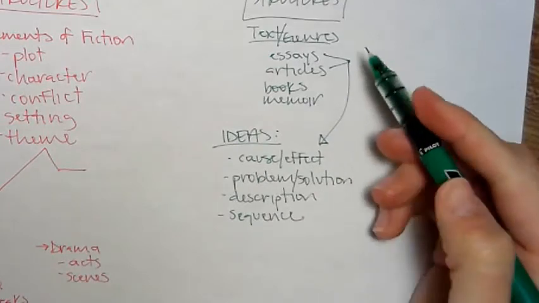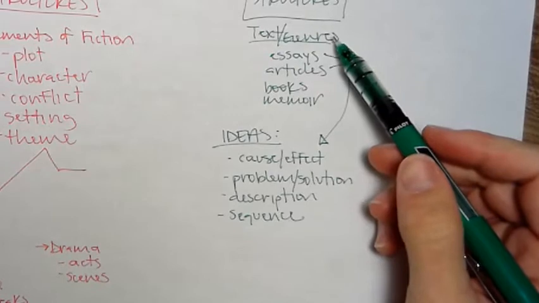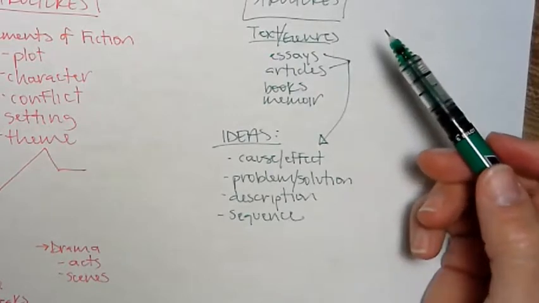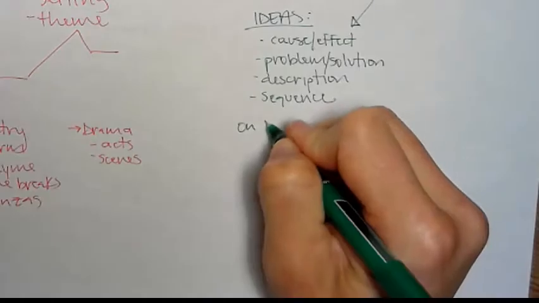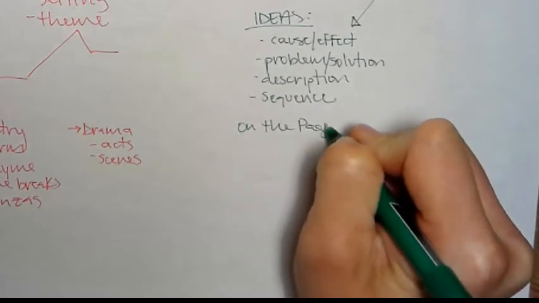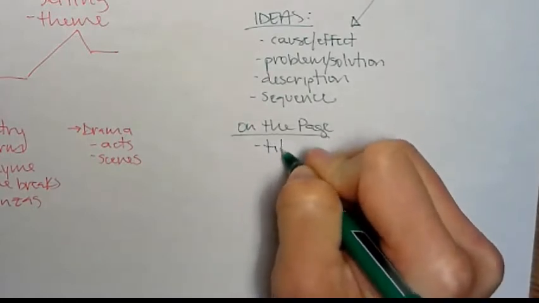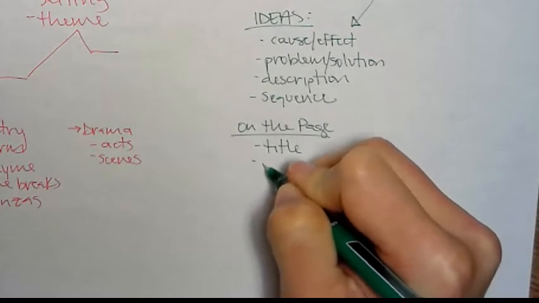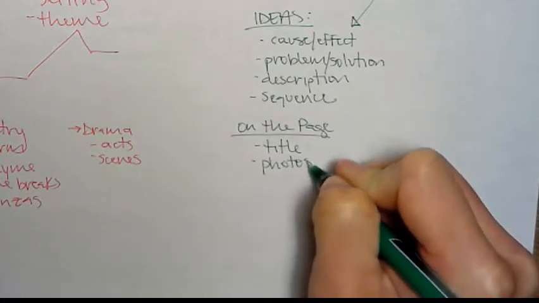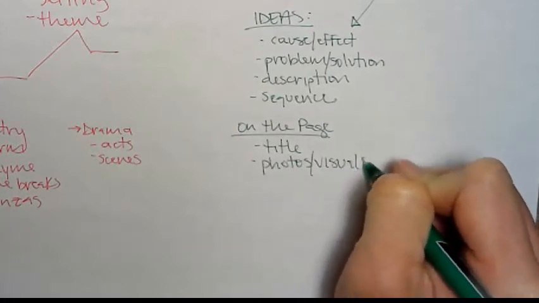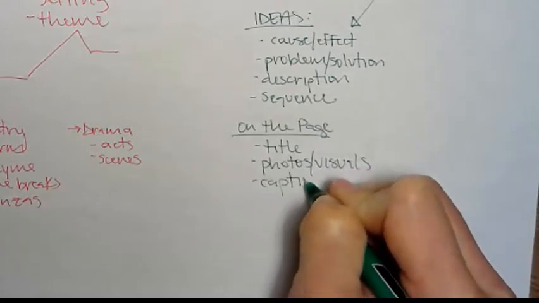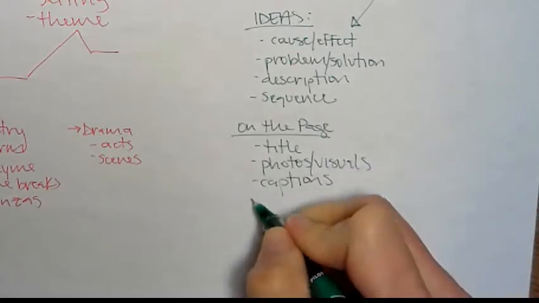And then you have some other actual physical text structures on the page, like titles and maybe photos, or other visuals with captions. These are specific to informational text usually.